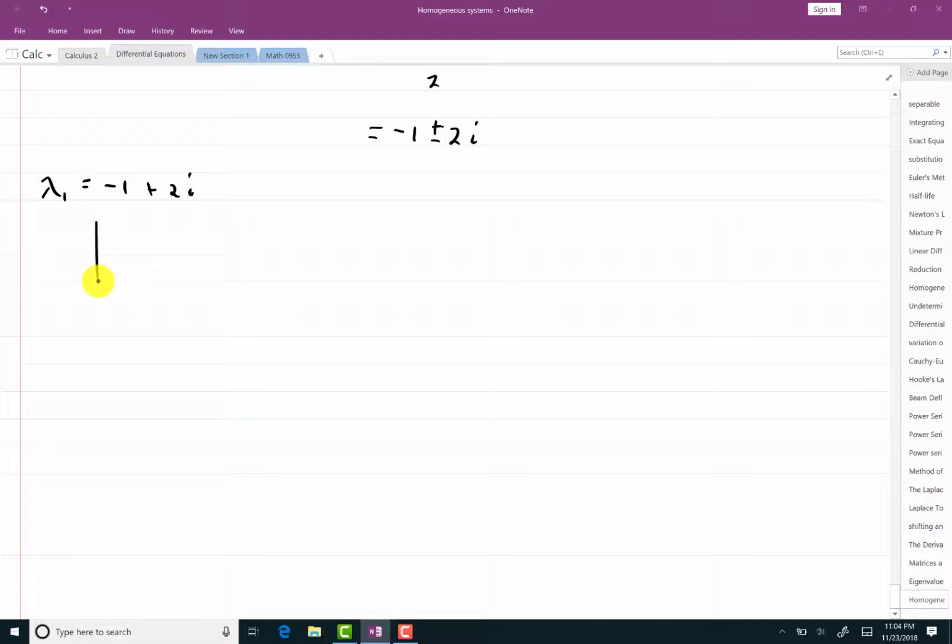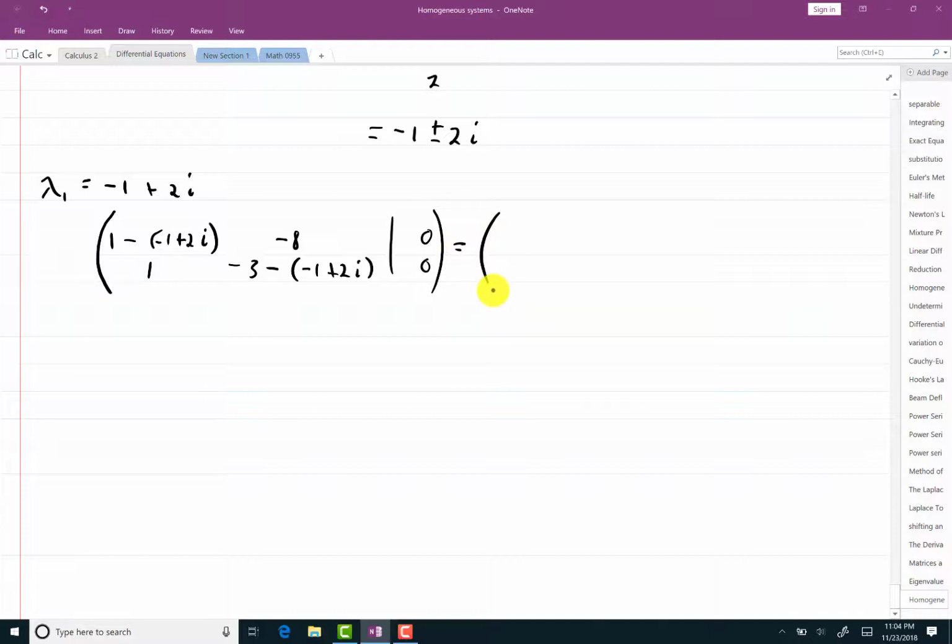And let's throw it in the matrix. I have 1 minus negative 1 plus 2i, negative 8, 1, negative 3 minus negative 1 plus 2i. And let's simplify here.